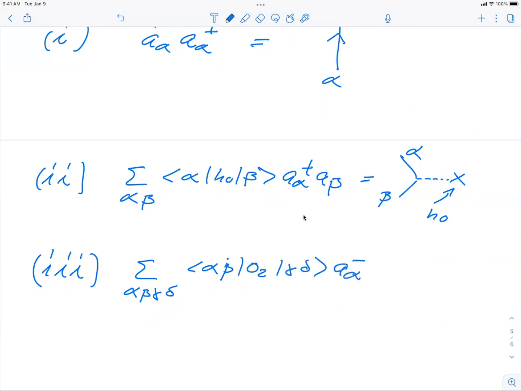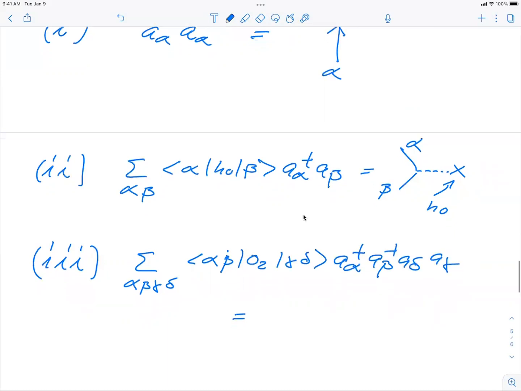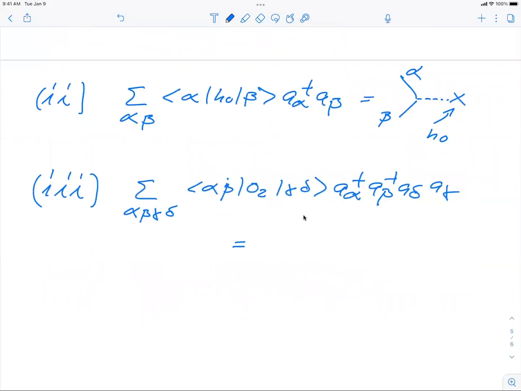And this is a alpha dagger, a beta dagger, a delta, a gamma. This is going to be represented with a dotted line, so that's the interaction itself. It has two so-called vertices, while the one-body operator has only one vertex. And you have a state here given by alpha, this is beta, this is gamma, and this is delta.